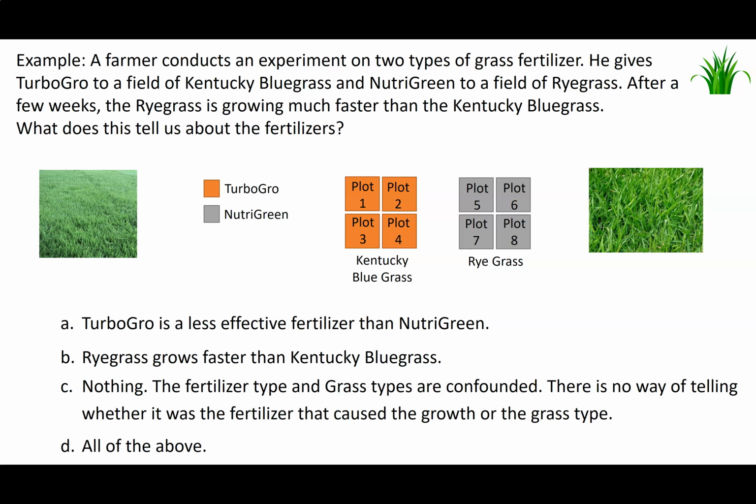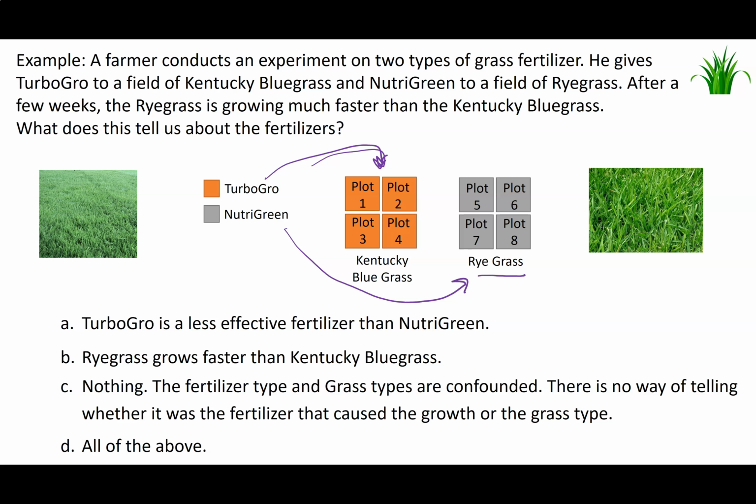After a few weeks, they notice the ryegrass is growing much faster than the bluegrass. So what does this tell us about the fertilizers? Looks like they gave the Kentucky bluegrass only the turbo grow. Then they gave the ryegrass only Nutri-Green.